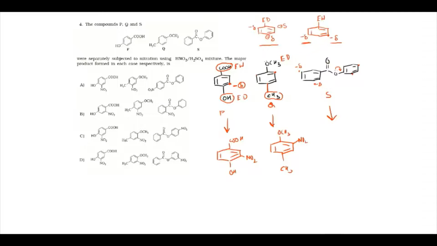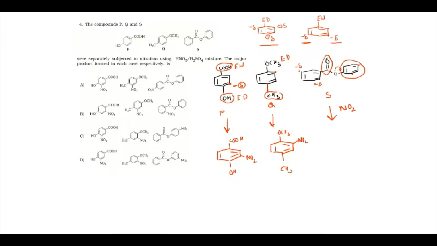Because in this case the electron donor is much stronger, I will say it will guide the nitration, because it increases the electron density in the ring, whereas an electron withdrawer withdraws the electron from the ring. So nitration, which is an electrophilic substitution reaction, means the electrophile will attack a center which is filled with electrons.